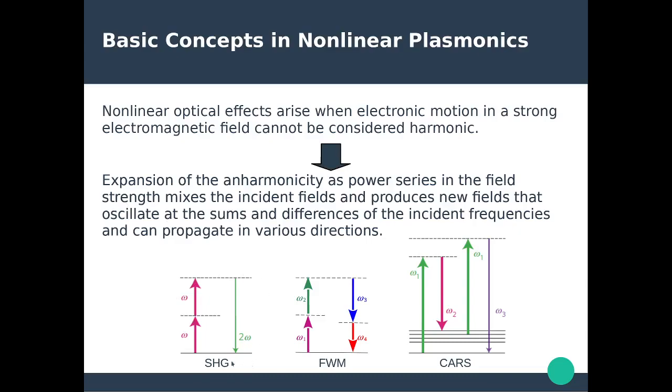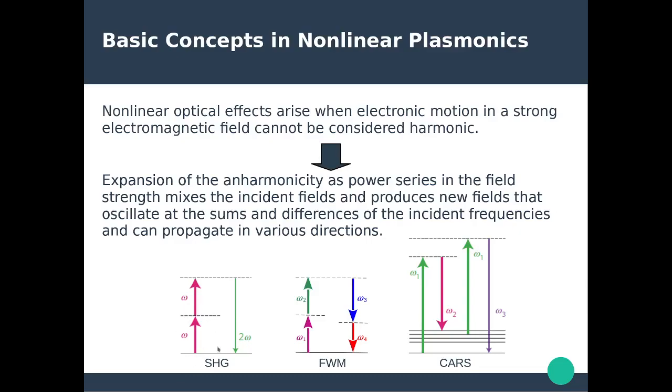What happens is that you're able to excite the electrons in the system by having two photons of the same frequency that are absorbed at the same time. So now it's a two photon process instead of exciting with one photon.